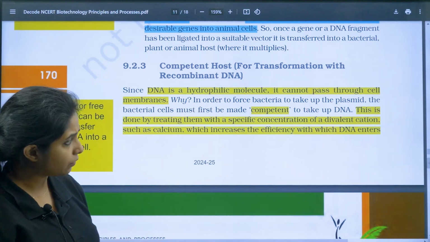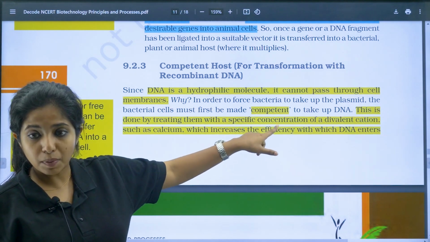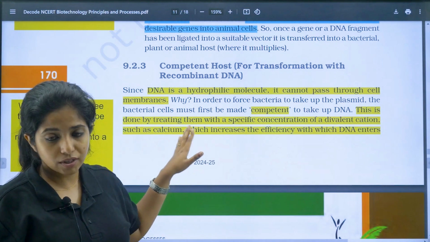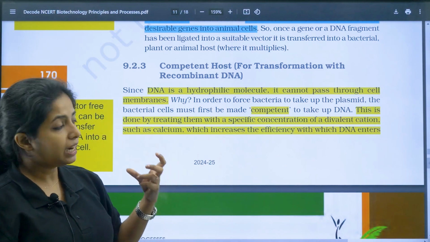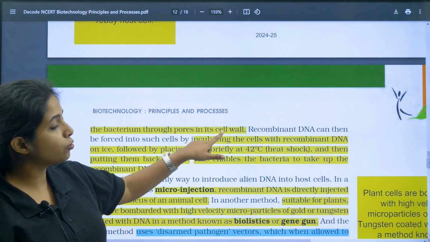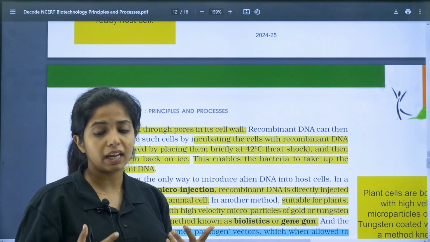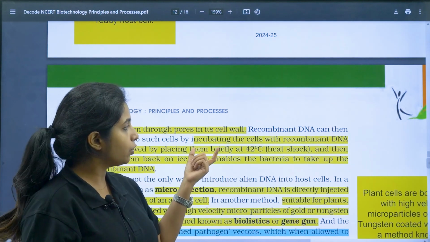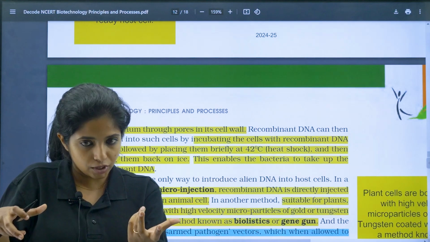First, treat the cells with a specific concentration of divalent cations such as calcium. It increases the efficiency with which DNA enters the bacterium through pores in its cell wall. So pores are made in the cell wall because of the action of these divalent cations, that is calcium. After that, you incubate the cells with recombinant DNA, with the cell with the pores.